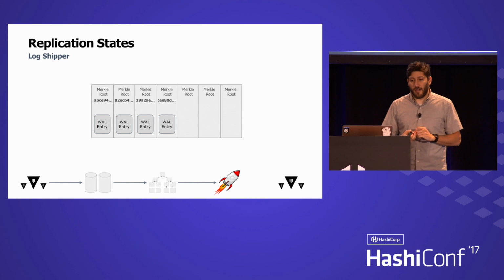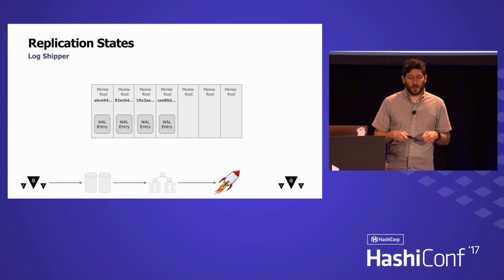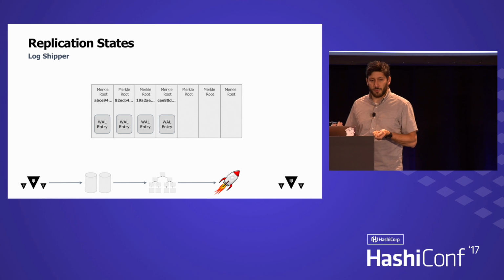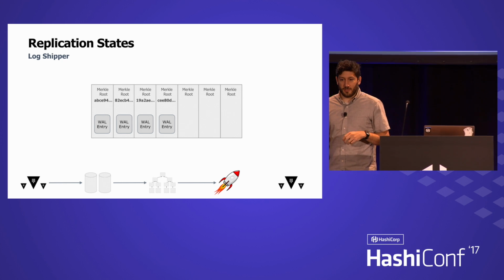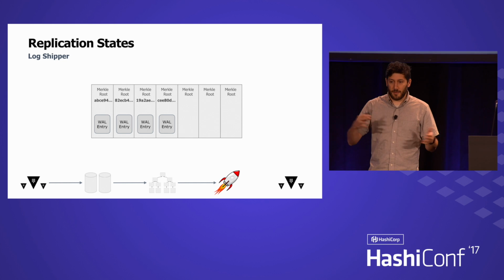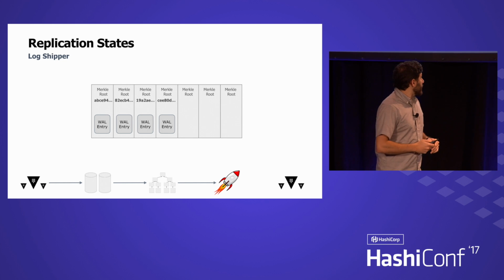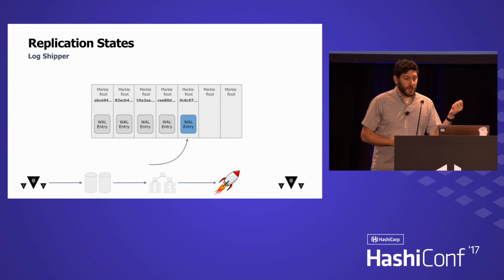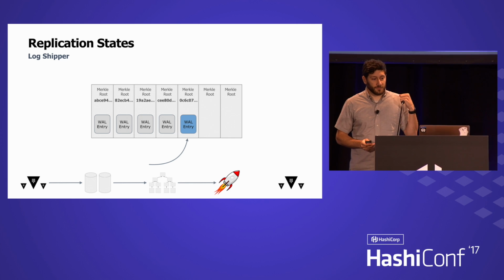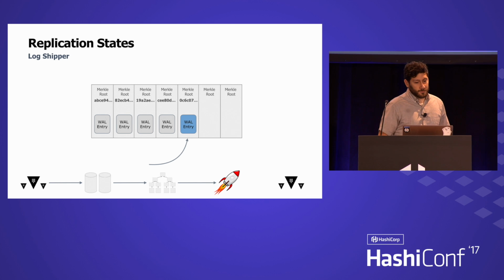And so after we commit the WAL log and the Merkle root, we actually just put those into an in-memory list that keeps the right order. And so every time a new key is updated, we'll add it to this list. And we call this the log shipper.